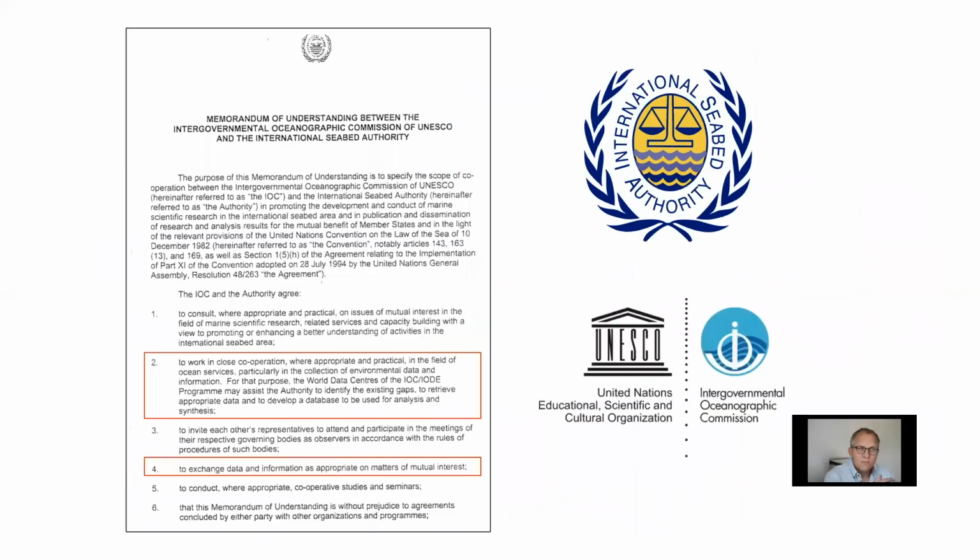Then in terms of collaboration between OBIS and the International Seabed Authority, we signed an MOU, a Memorandum of Understanding, between IOC and ISA, which specifically mentions collaboration for collecting environmental data and information, but also exchanging data and information, of course in respect of the data policies in the different organizations.